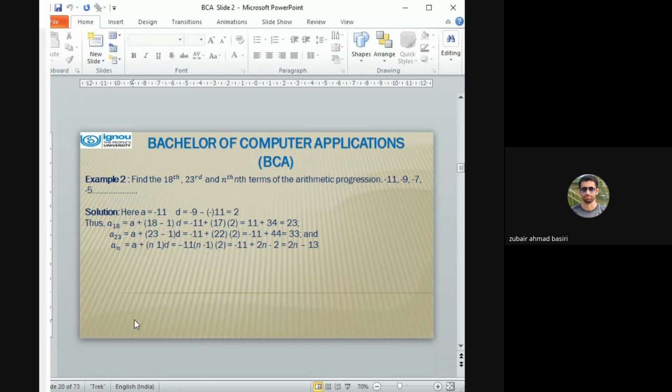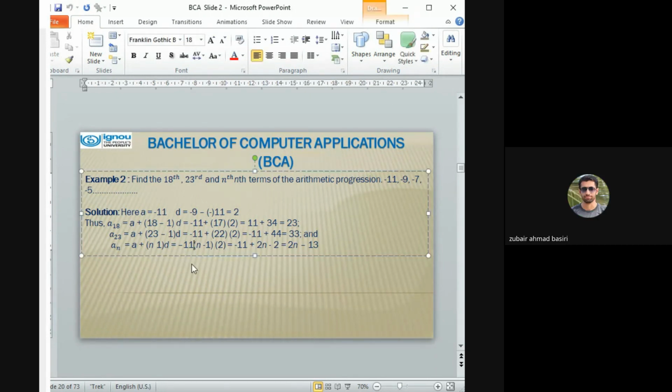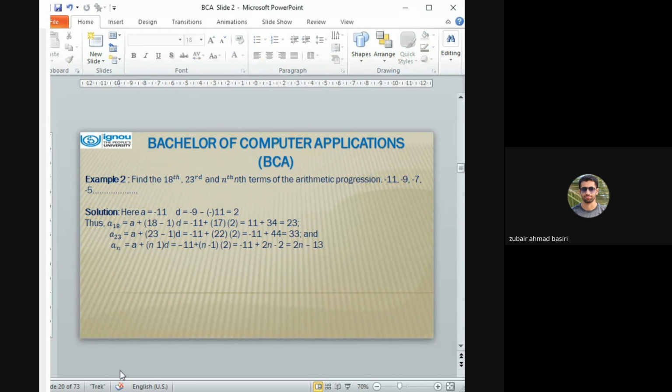In the same way, we put -11 instead of A and 2 instead of D. Then we calculate. You will get 2n minus 13 as the answer. Okay? Is that clear? Yes, sir.